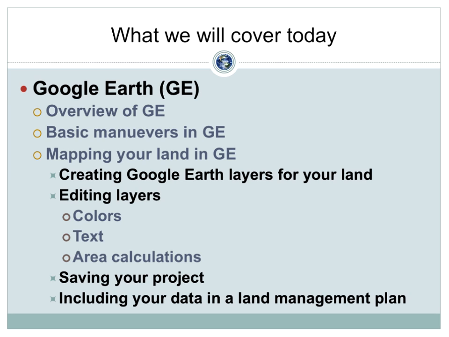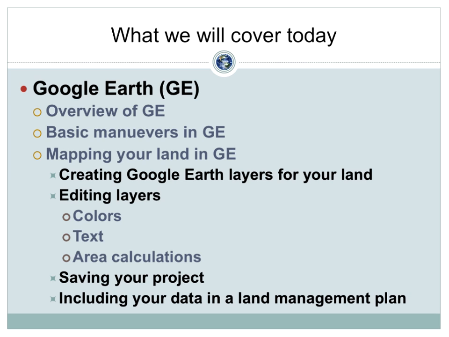So we'll take a look at creating Google Earth layers for your land, how we can go through and edit those layers, such as the colors, adding descriptive information to it. If we have time today, we'll look at area calculations. If not, we'll reserve that till the next session that we're going to have, I believe, in 2 weeks.